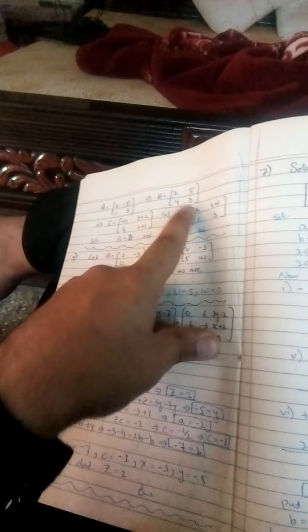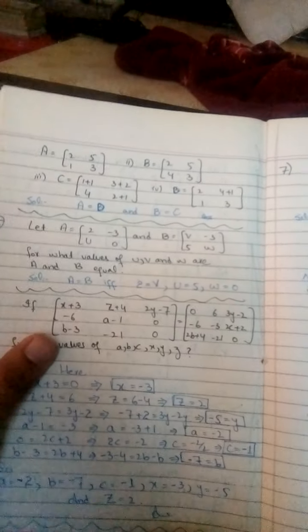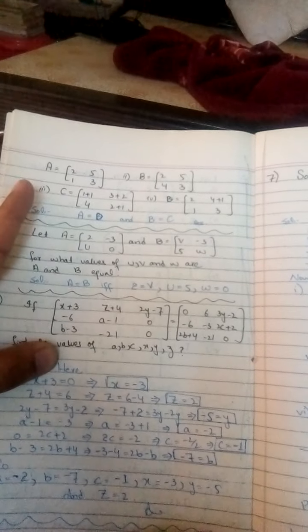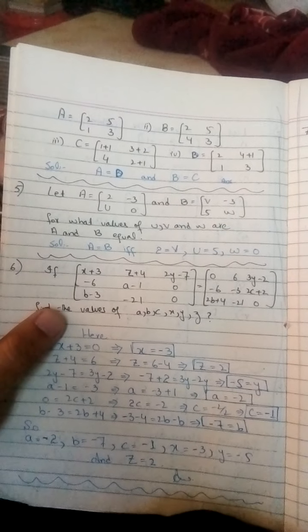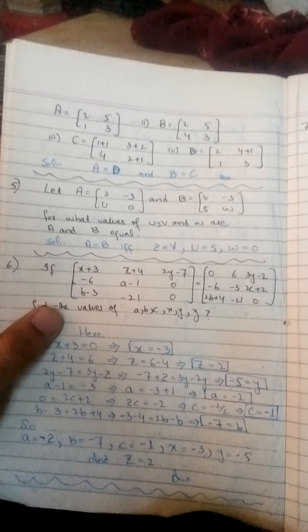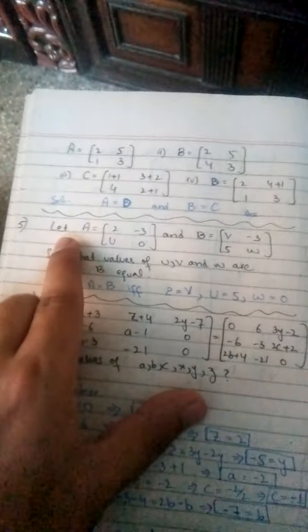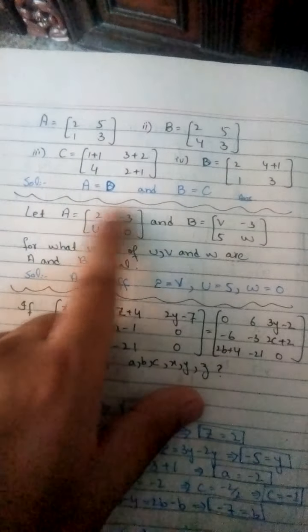Sorry, 3, and 2 plus 1 is 3. So these are the same. Matrix B is equal to this, and C; and the A and D matrices are equal. Now if you see question number 5, it says let A be equal to this square matrix.